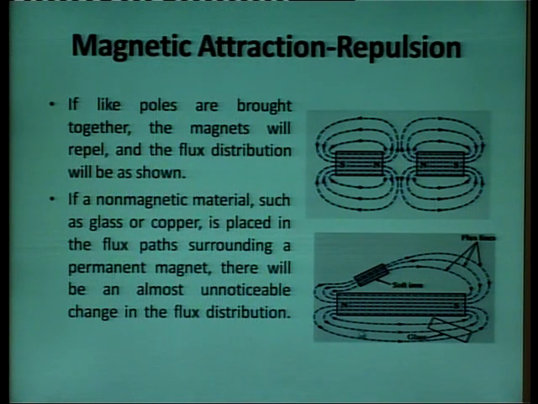The magnetic lines of force are not disturbed by any means, but if we put a soft iron piece, any magnetized material, then the flux lines would be distorted like this. These are the magnetic lines of force traveling from north to south, but due to this iron piece, they are diverted from their path.